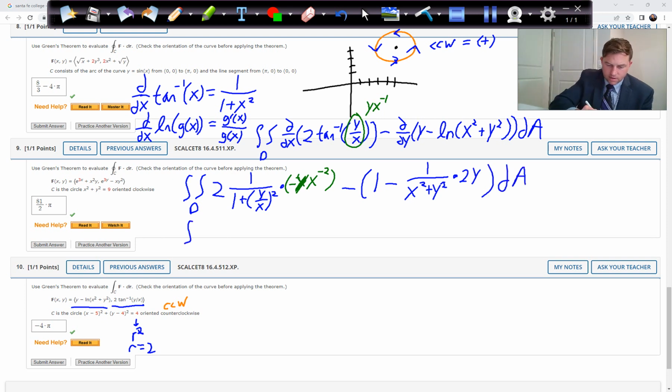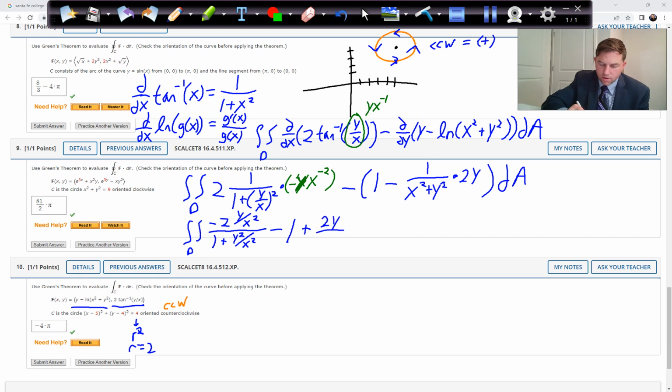So we get negative 2y over x squared over 1 plus, I want to distribute that square, y squared over x squared. And then this is going to be minus 1 plus, double negative, 2y over x squared plus y squared, dA.